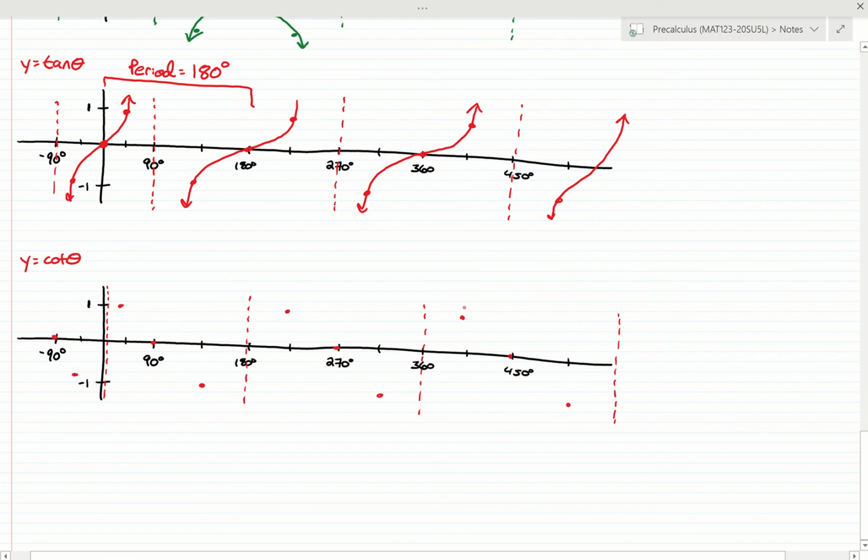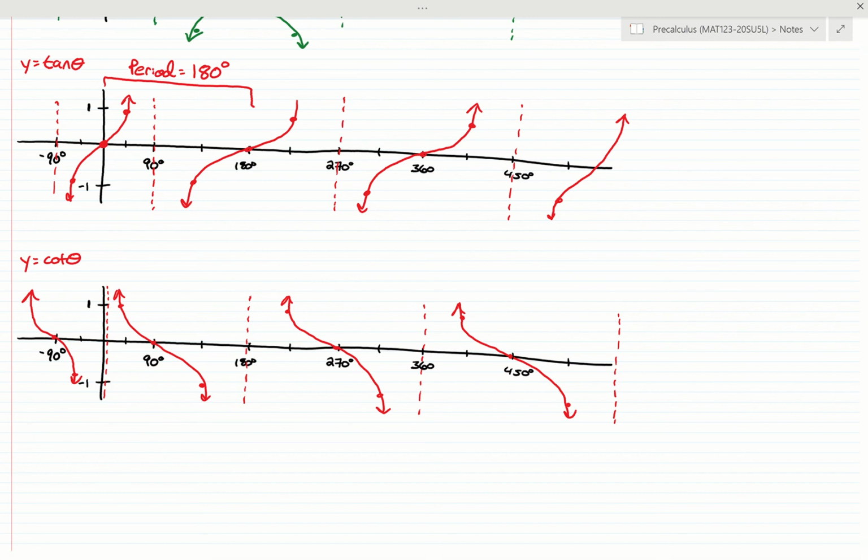And if we connect these dots, it's also going to look like a cubic, but the cubic's going in the opposite direction. And you can see that this would have the same period as our graph for tangent. Period would be 180 degrees.